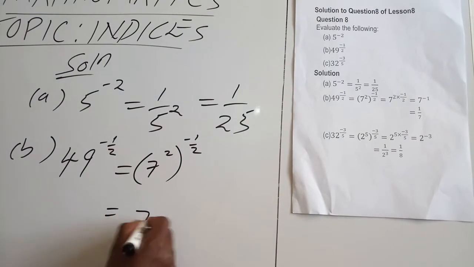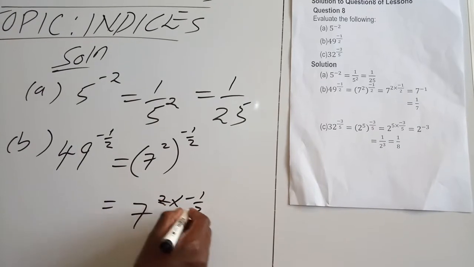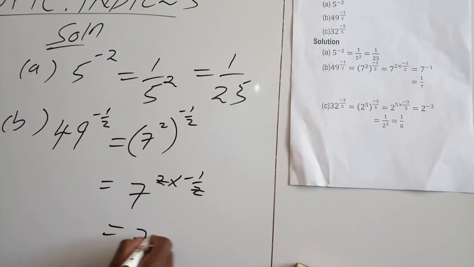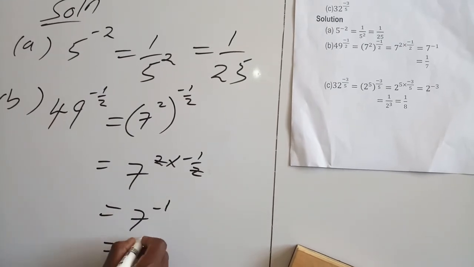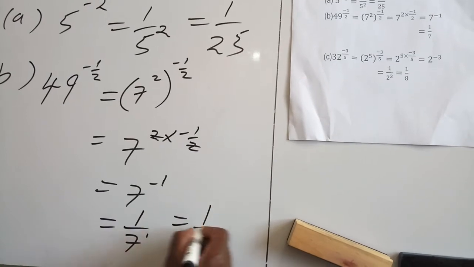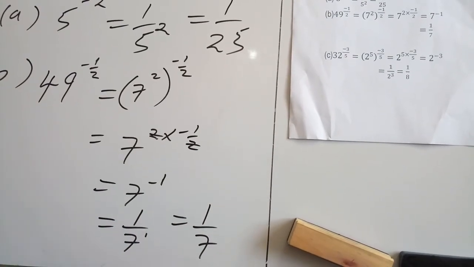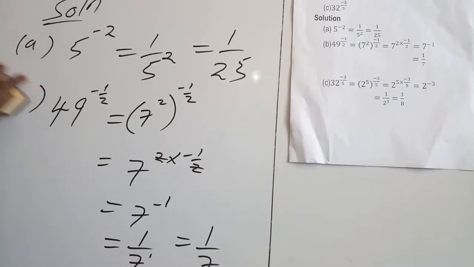Then we shall have 7 power 2 times power negative a half. That will give us 7 power negative 1, which in the end will be 1 over 7 power 1, which is the same as 1 over 7.